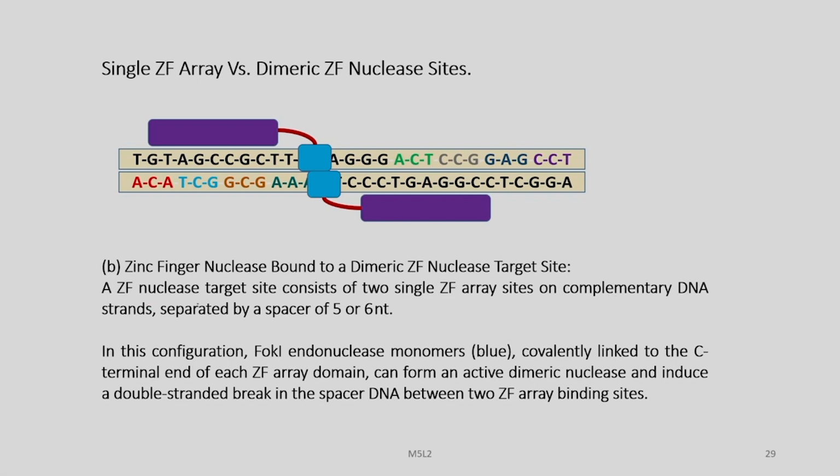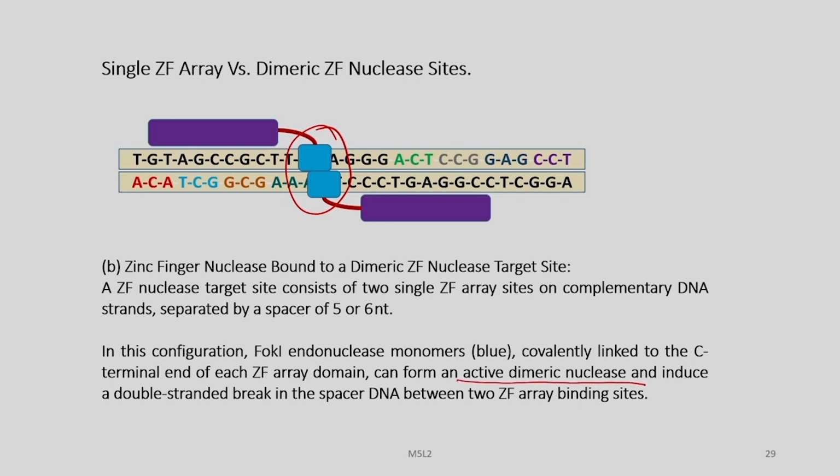A ZF nuclease target site consists of 2 ZF array sites on complementary DNA strands separated by a spacer of around 5 or 6 nucleotides, and in this configuration FokI endonuclease monomers in blue covalently linked to the C terminal end of each ZF array domain form an active dimeric nuclease and induce a double stranded break in the spacer DNA between 2 ZF array binding sites.